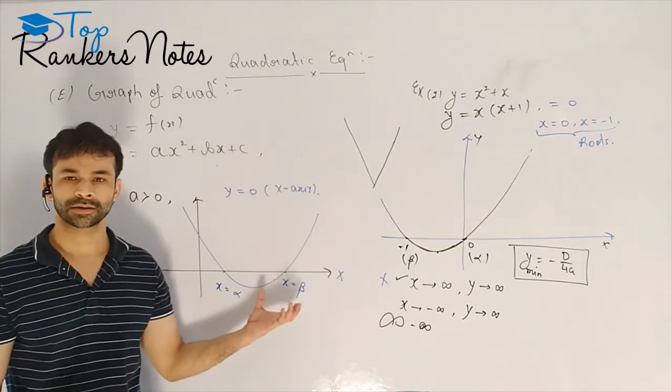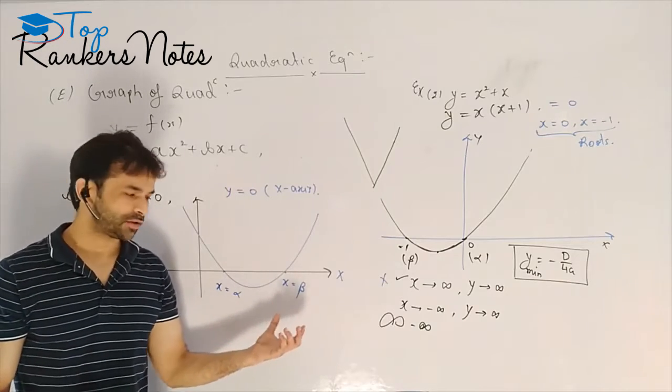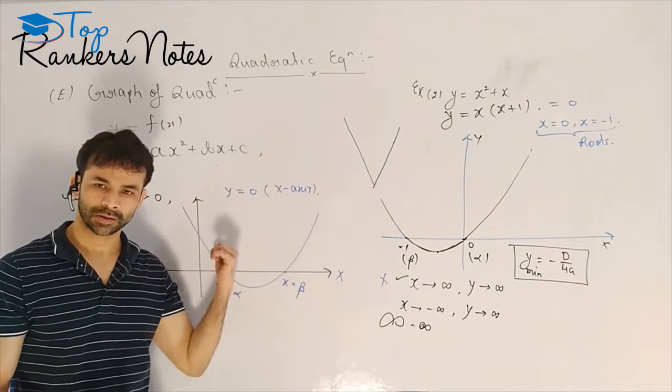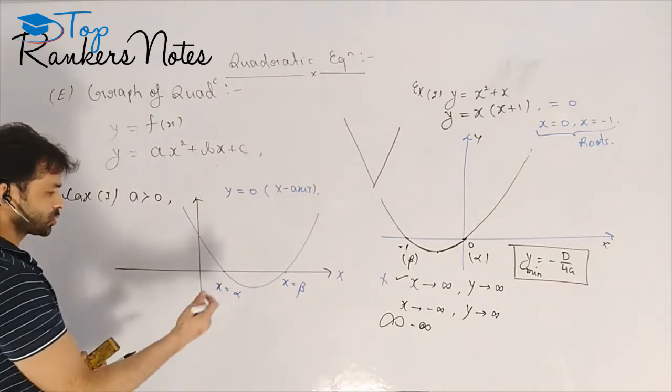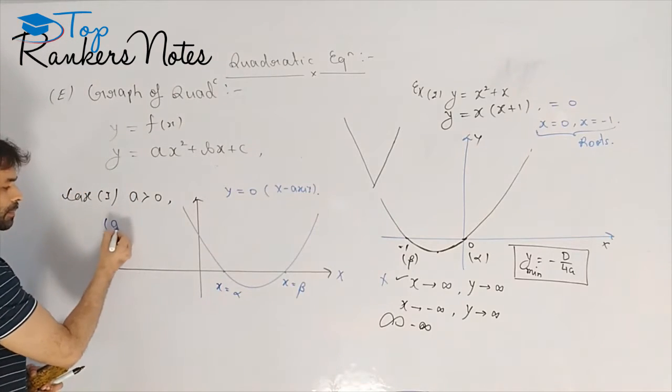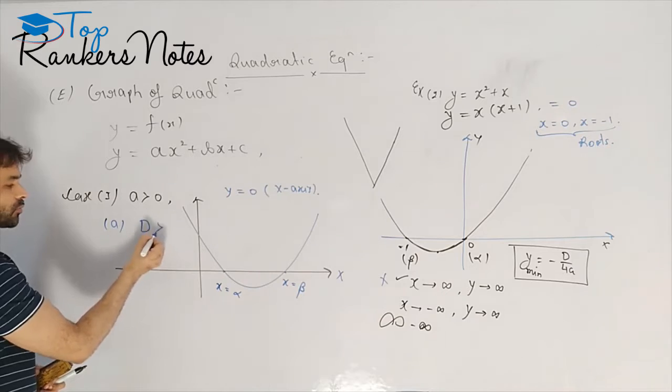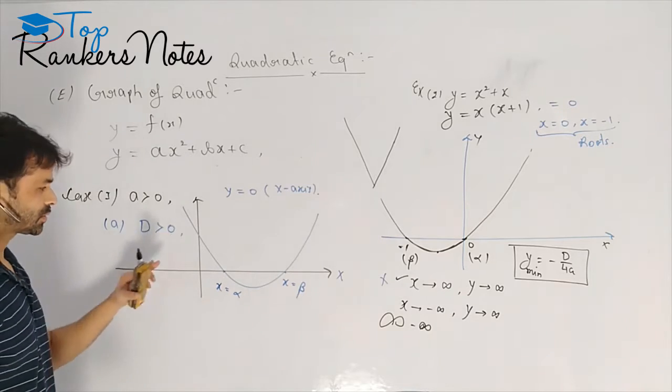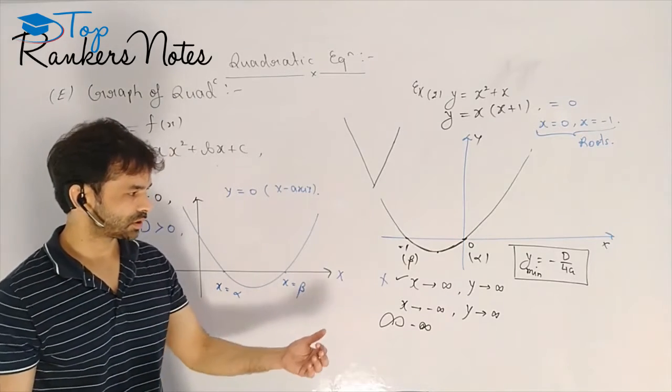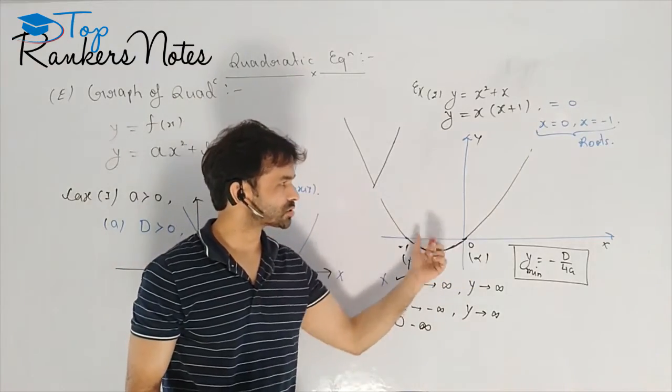And if there are two roots, what is the case? The discriminant is positive. As you know, these were the two roots.